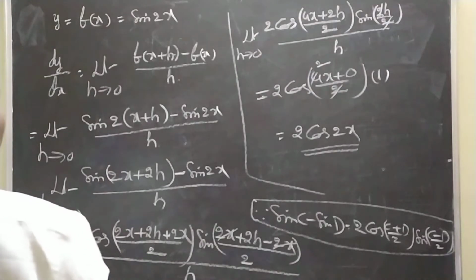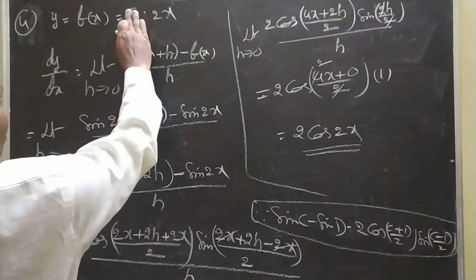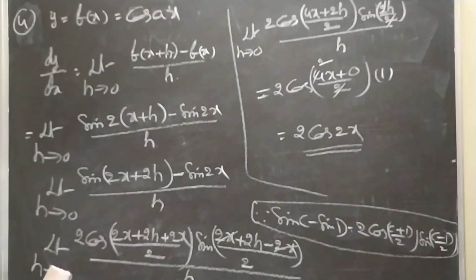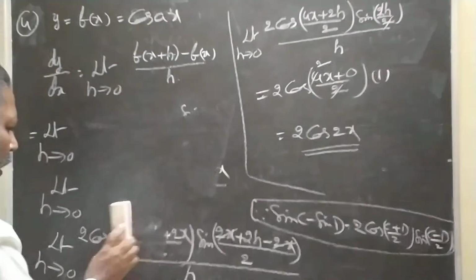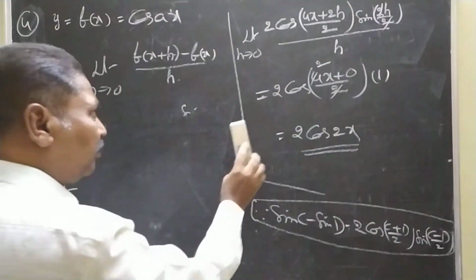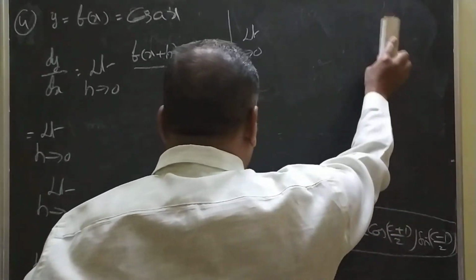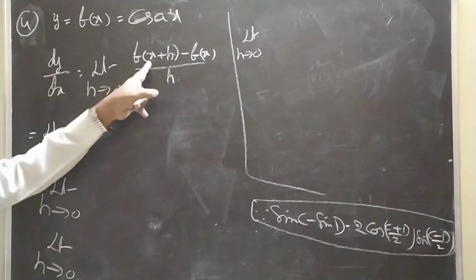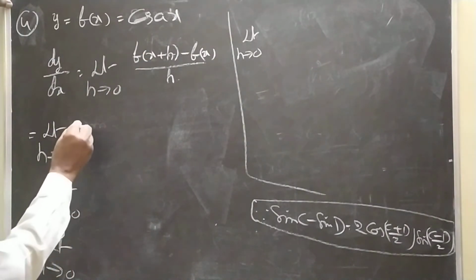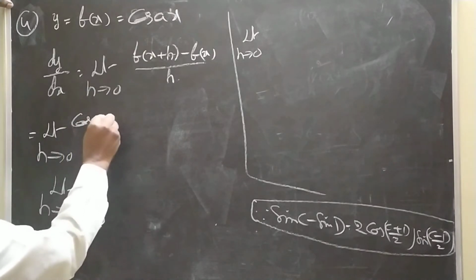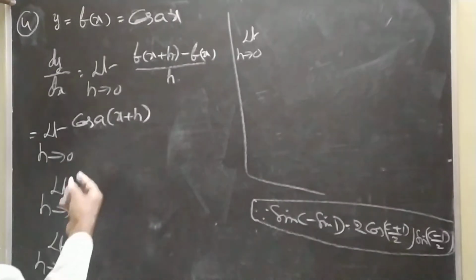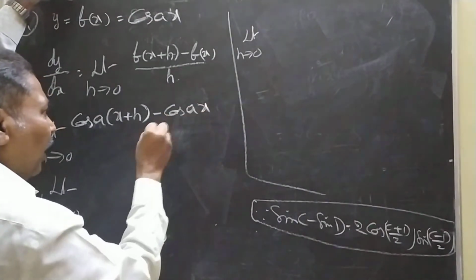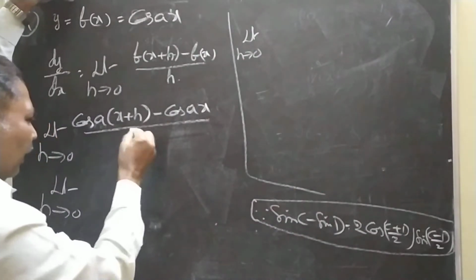Next, fourth problem. y equal to f of x equal to cos ax. First principle: f of x plus h, cos of a into x plus h, minus cos ax, by h.